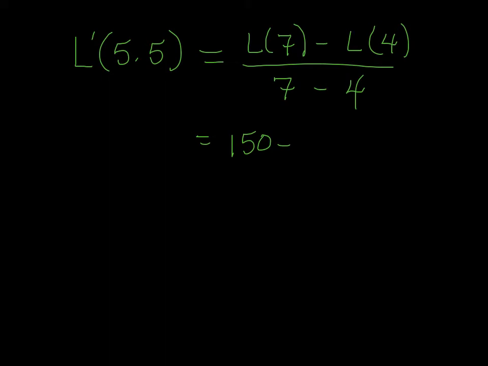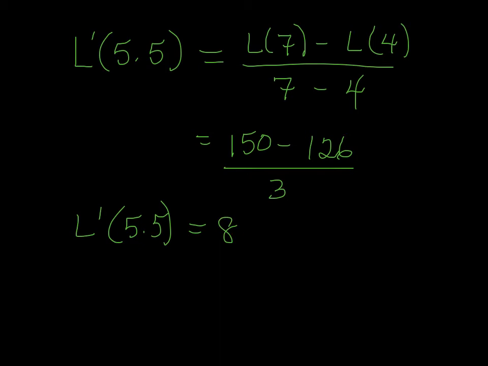And then we find L of 4 in the chart, which is 126. And we put this all over 3 because 7 minus 4 is 3. We do the math on this, so we find out that L prime of 5.5 is 8. And that would just be people per hour.